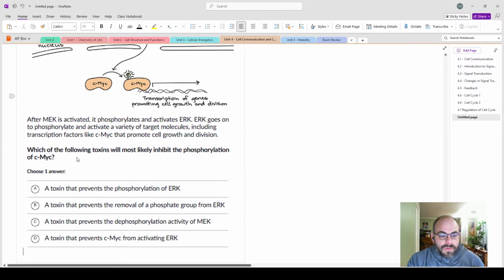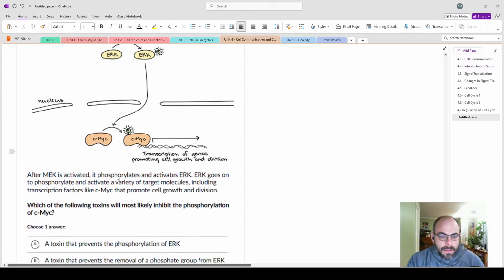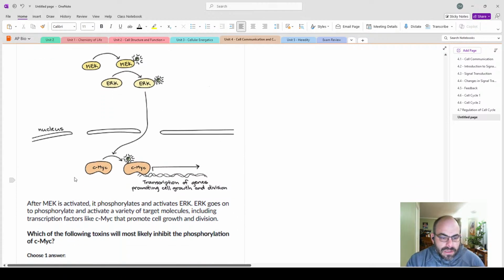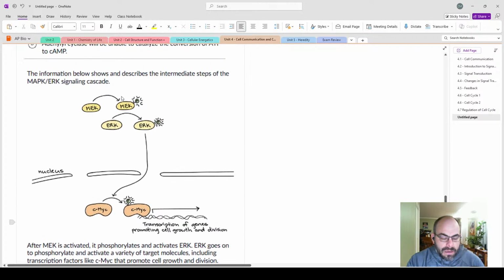Which of the following toxins is most likely to inhibit the phosphorylation of c-Myc? Okay. So let's look at this together before we even go look at A, B, C, D. Phosphorylation of c-Myc requires MEK to be activated and requires ERK to be activated, right?